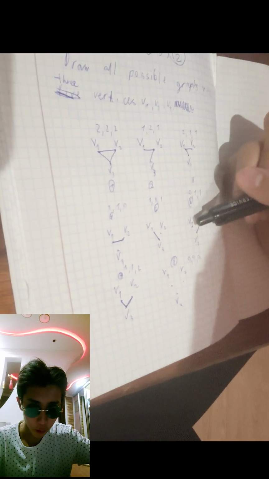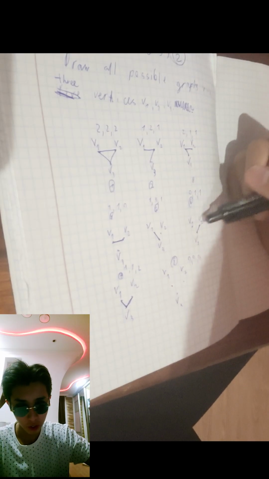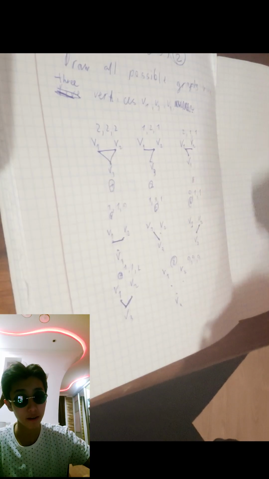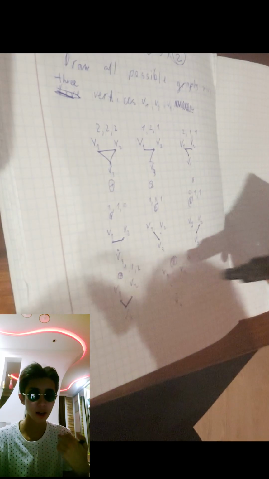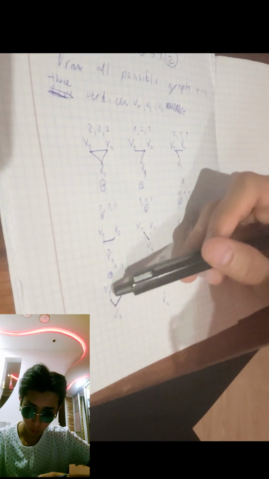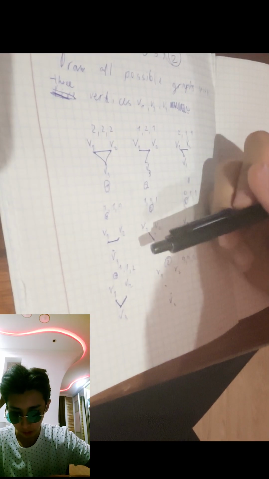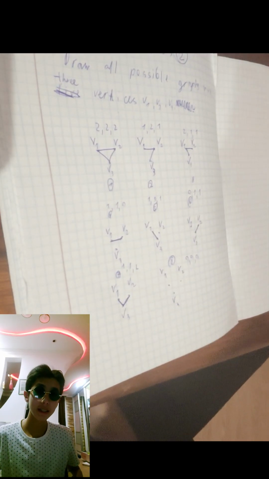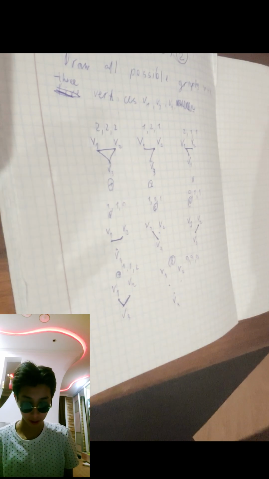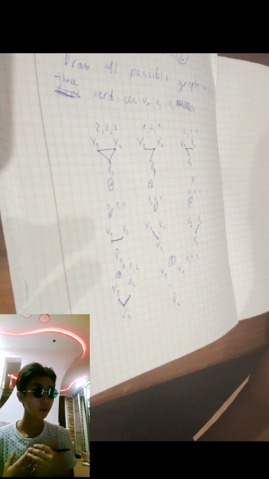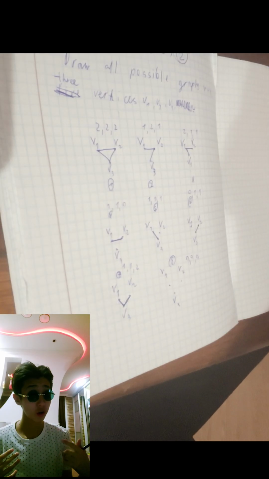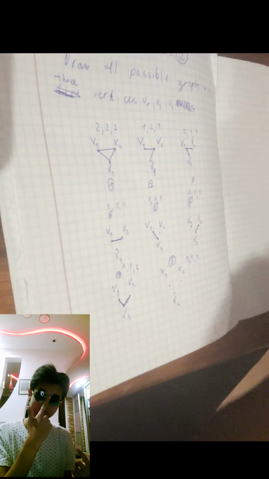The sixth is 0 1 1. The seventh and eighth graphs: V1 has 1 connection with V3, V2 has 1 connection with V3, and V3 has both of them. The eighth has 0 connections with nobody: 0 0 0.